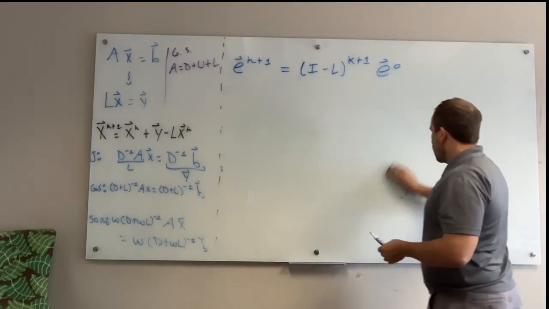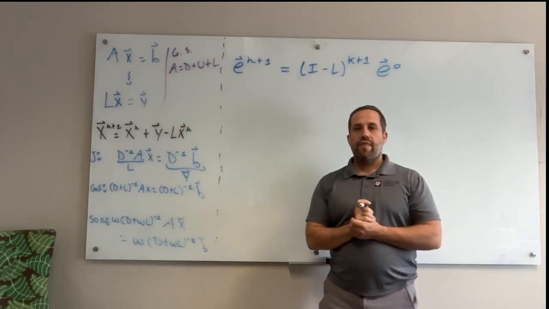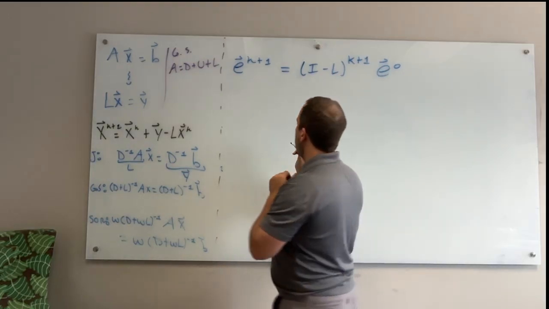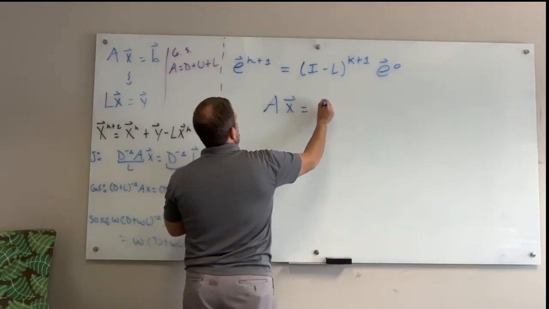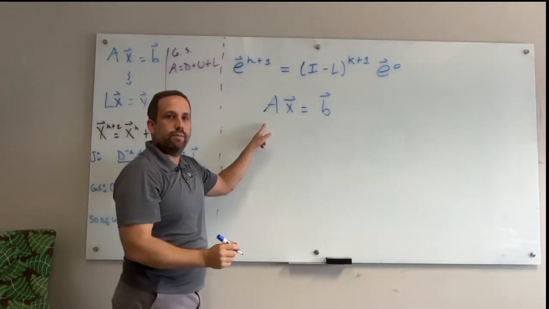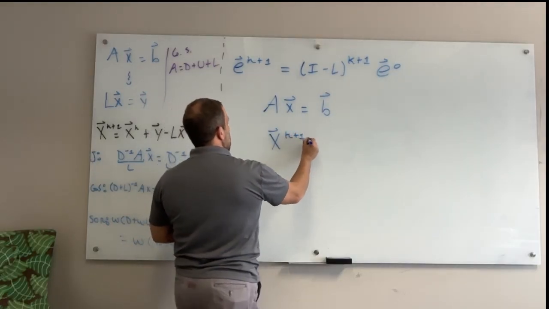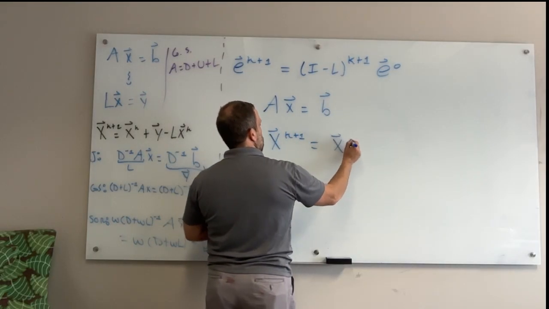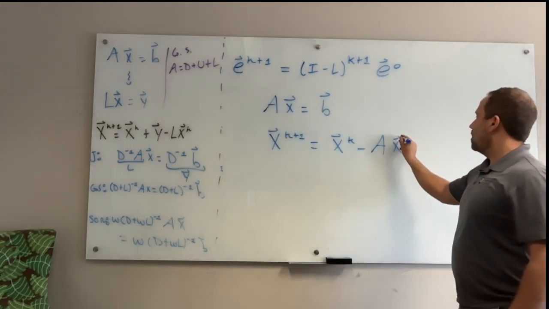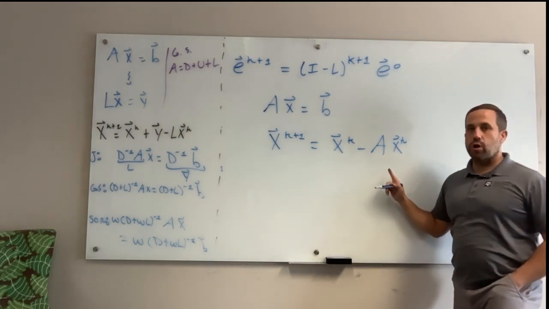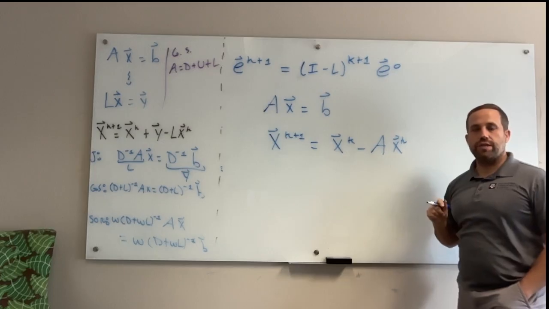But as you will show on your homework this week, if we look at the standard iteration, where we start with Ax equals b, where A is the Poisson matrix, and we try to do the standard Richardson iteration, x_{k+1} is equal to x_k minus A x_k, where A is the Poisson matrix, so we don't precondition this system at all. We just take this system as is and try to apply Richardson iteration to it.